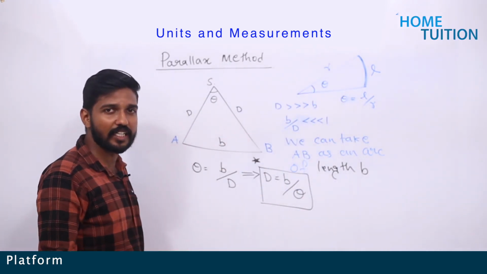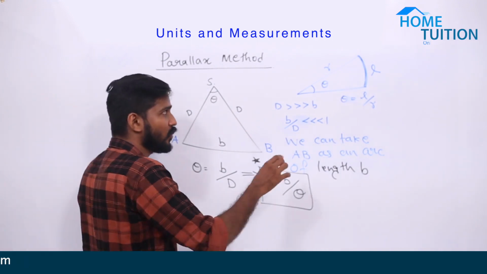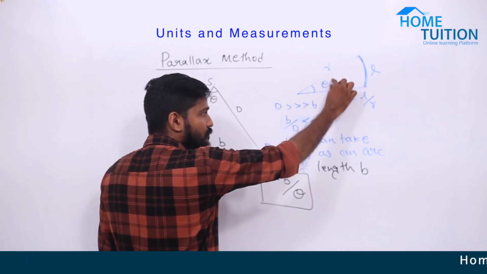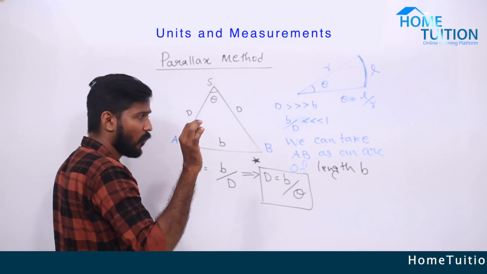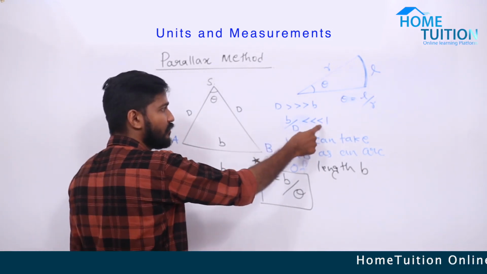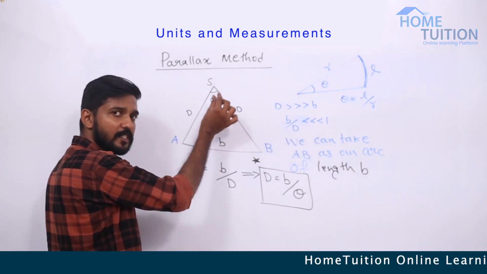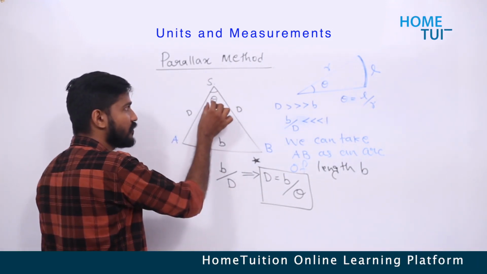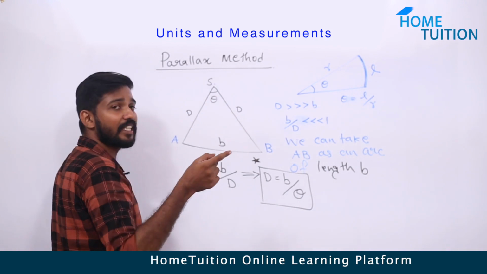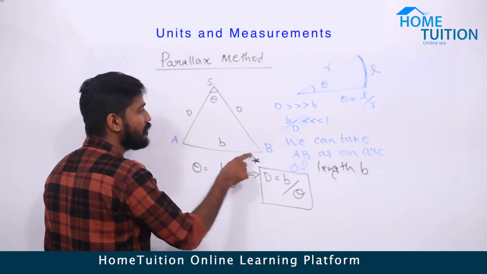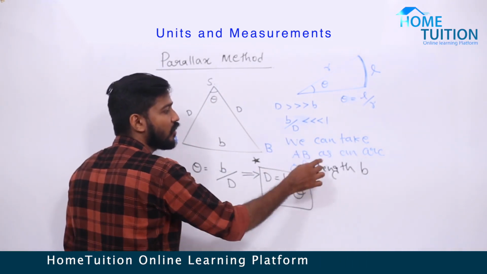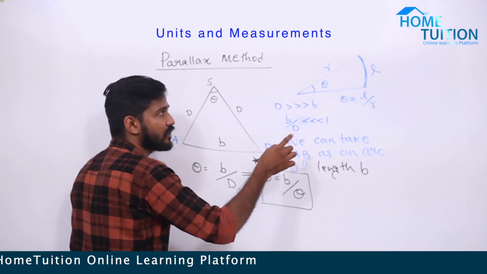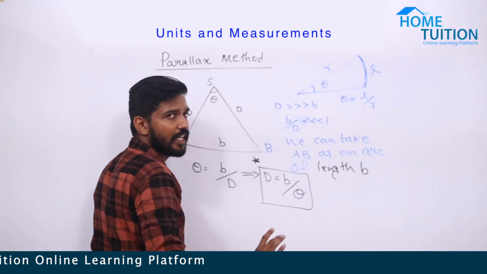So if b by D is very much less than 1, this angle will be very small. Since this angle is very small, we can take AB as an arc of length b, like this arc of length L.